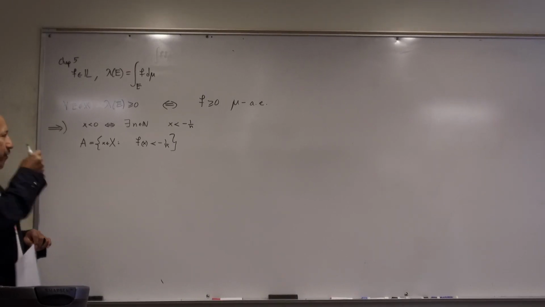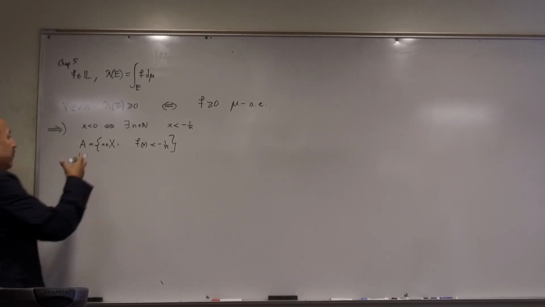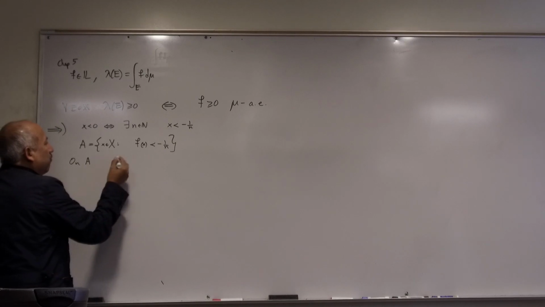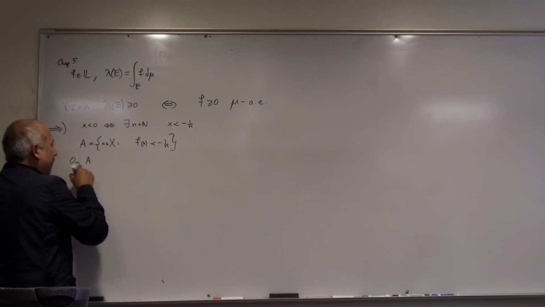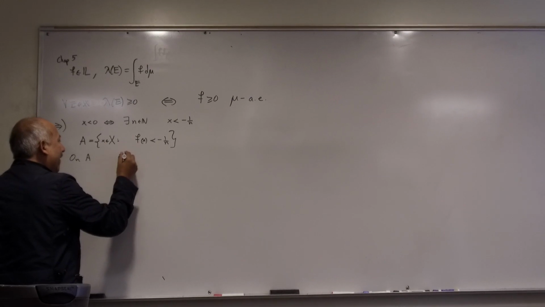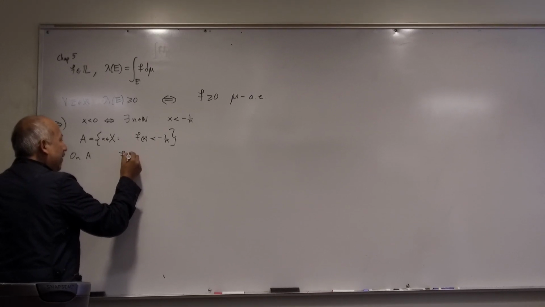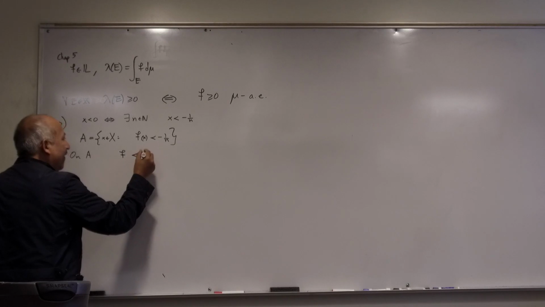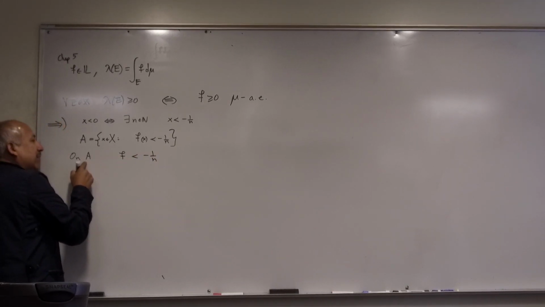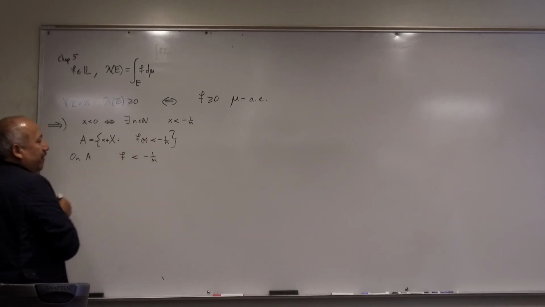We're only going to watch and then you write it. So what happens on A? For x in A, f of x is less than -1 over n, right?